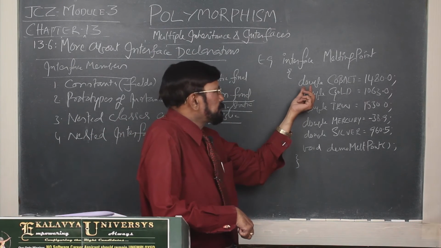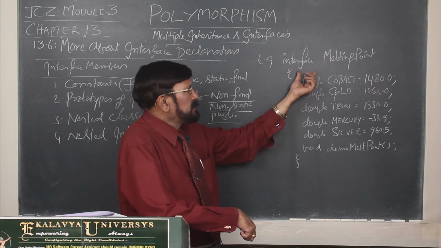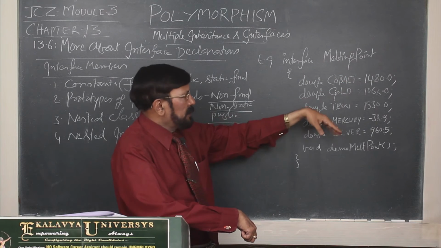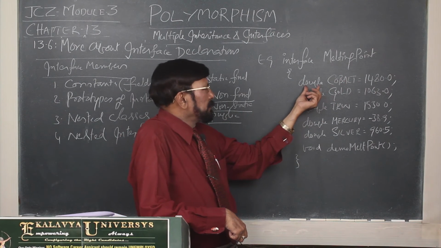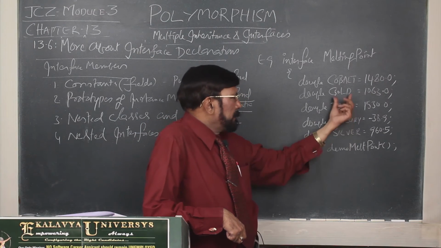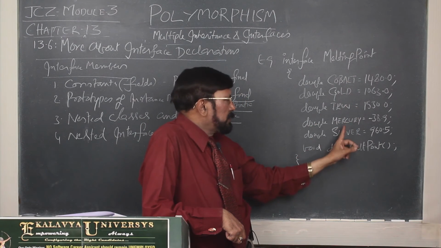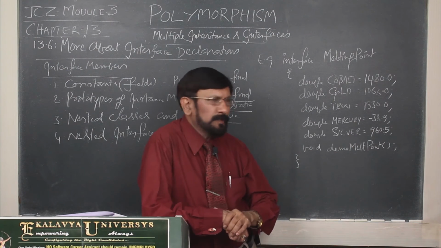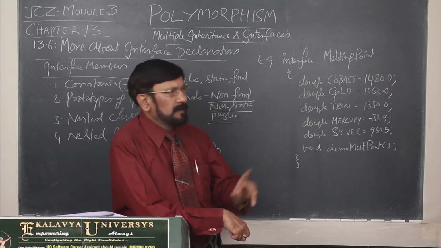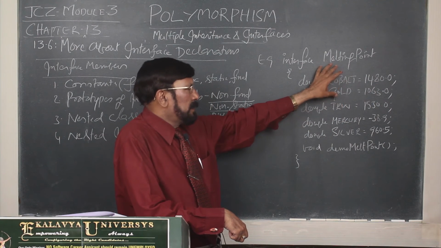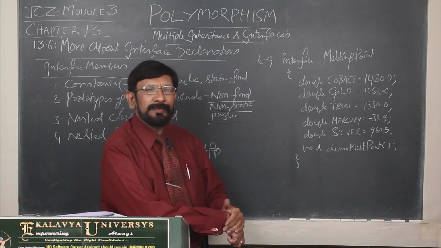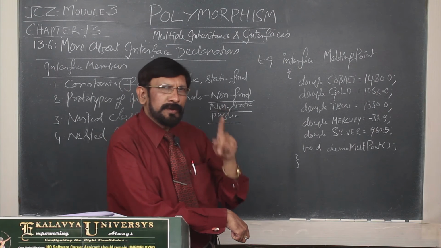Now, you see interface, melting point. Melting points we are defining of different metals, double, cobalt, gold, like that, 5 metals we have given, and we initialize them. Being final, you must initialize it at the time of declaration, or after that also, before it is being used.